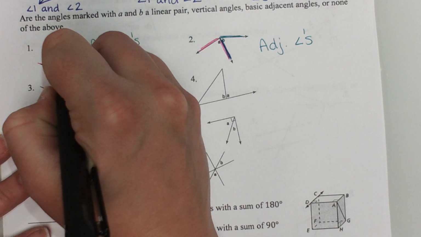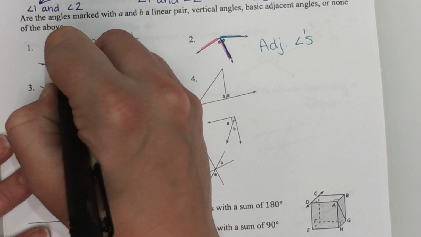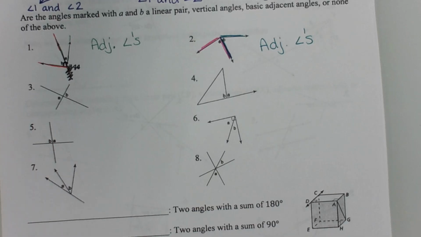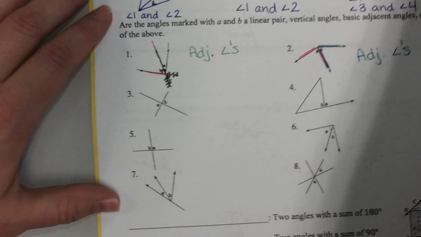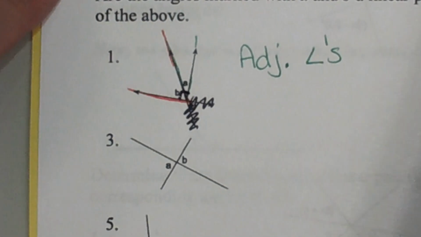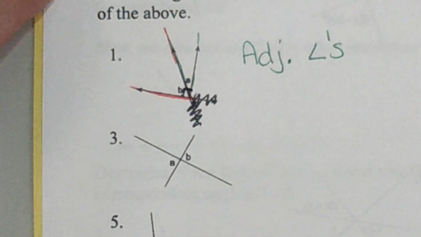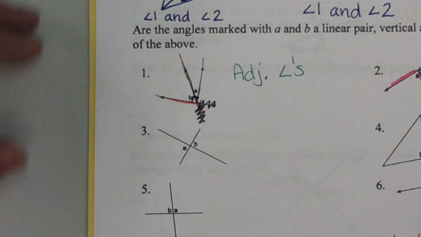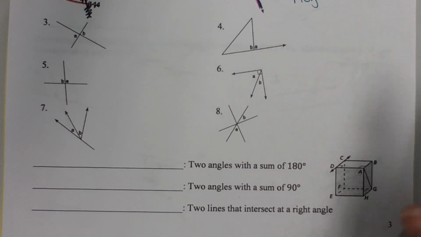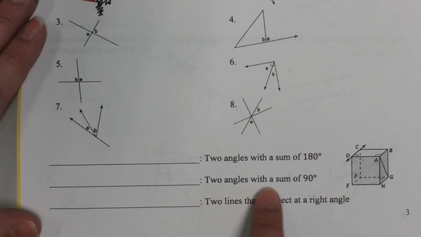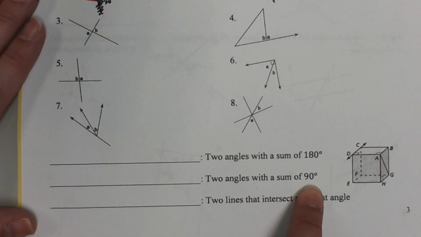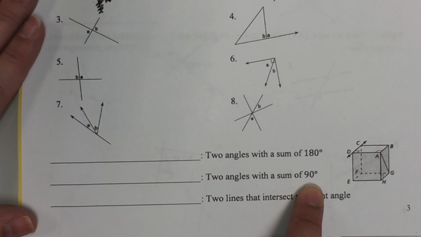Ooh, I heard someone say right angle. Do we see this little right angle here? Those two angles, and it's really, really tiny, but those two angles form a right angle. What's a right angle? It's a 90-degree angle. If I have two angles that sum to 90 degrees, we actually talked about this definition a little bit last chapter, but we only put it on our orange sheet.